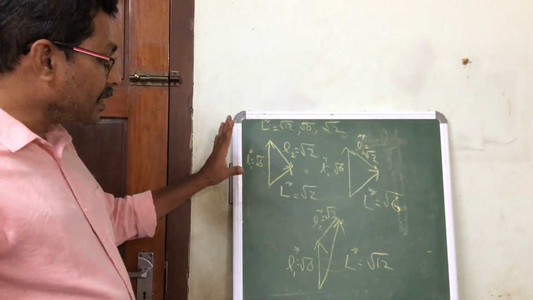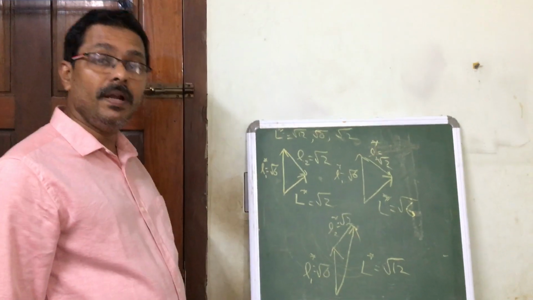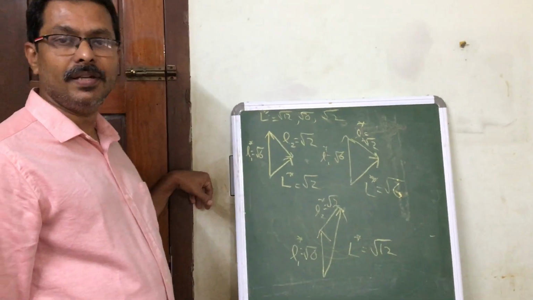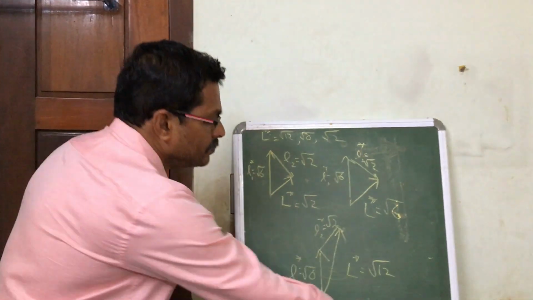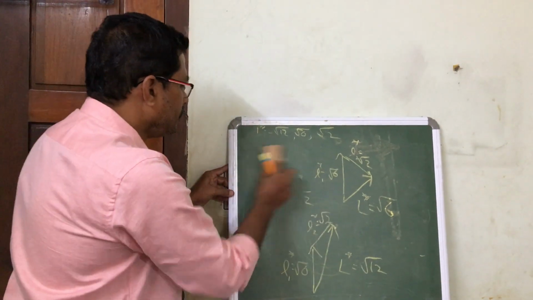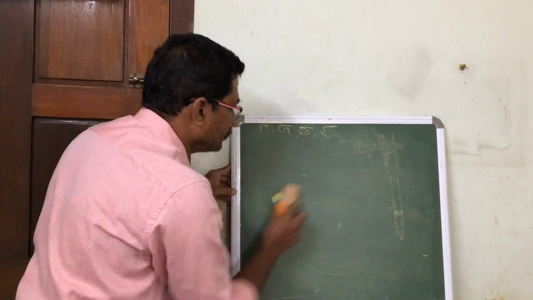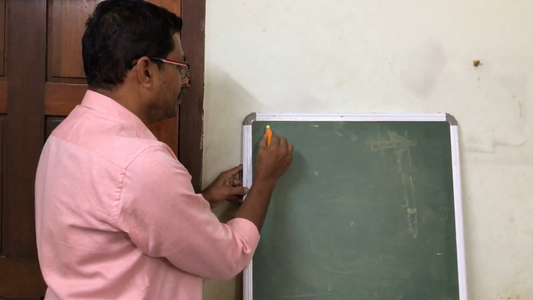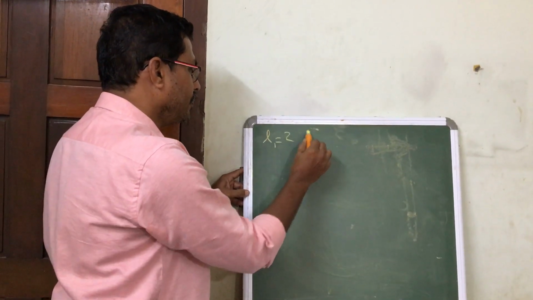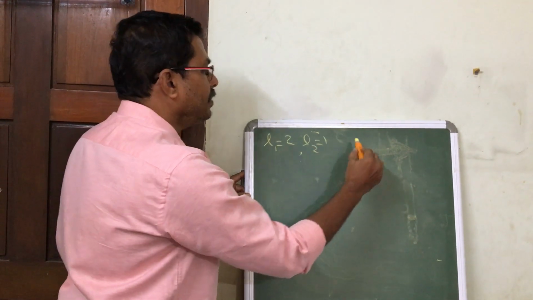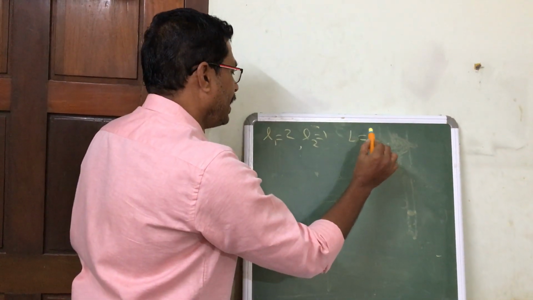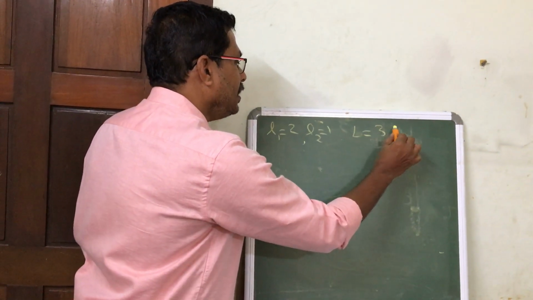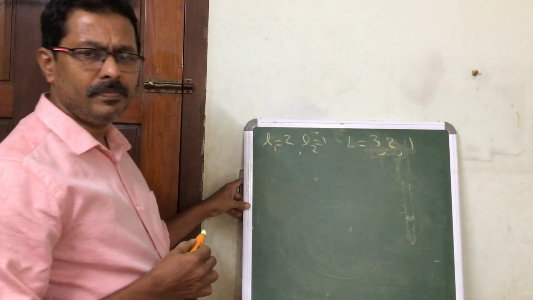So these are the only three possible combinations of L1 and L2. Means with L1 equal to 2 and L2 equal to 1, we are getting the resultant L values 3, 2 and 1.